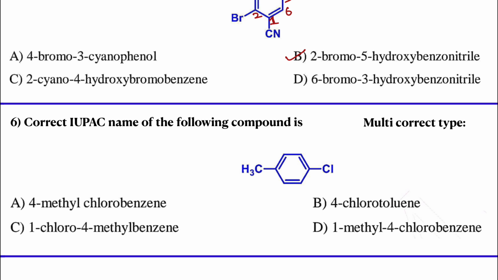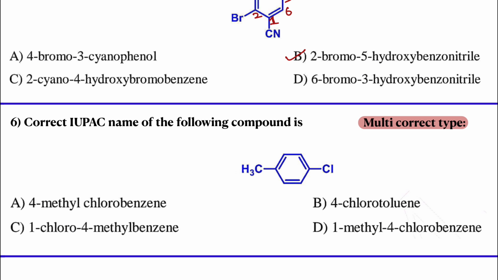Here, the correct name of the following compound, and this is a multi-correct type. If you see, it has a benzene name and another one is a toluene name, because toluene is also an IUPAC name. Whenever you are using the toluene name, very clear, this will be the first carbon and this will be the fourth.